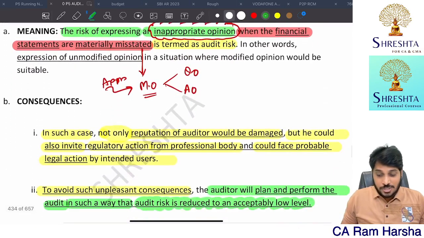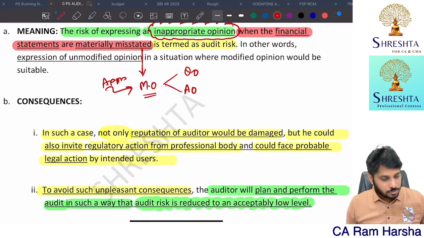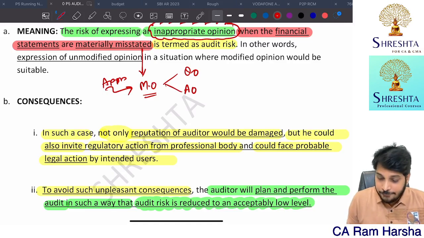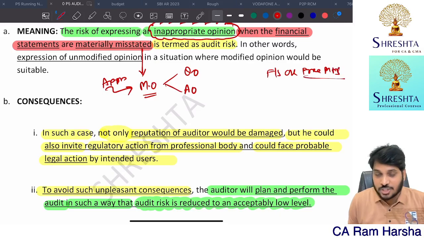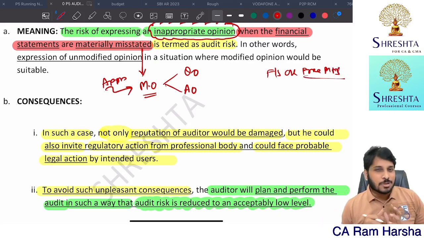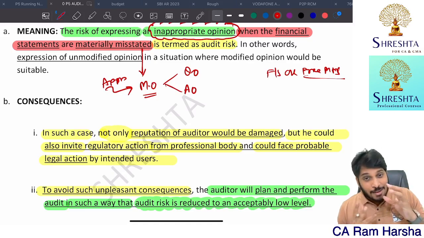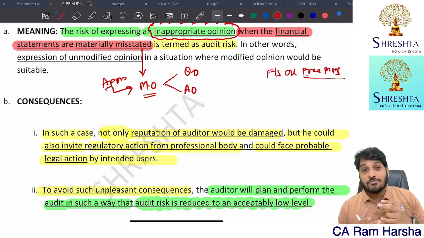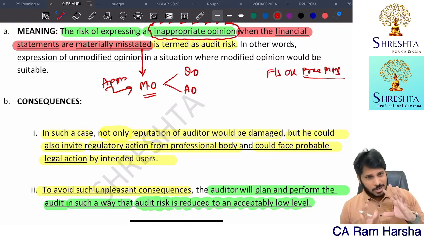Now again, you see here, suppose the financial statements are actually free from material mistakes, meaning they are absolutely true and fair. But remember sampling risk: risk of under-reliance, risk of inappropriate rejection. Remember these two: risk of inappropriate acceptance, risk of inappropriate rejection. I covered these two in sampling.